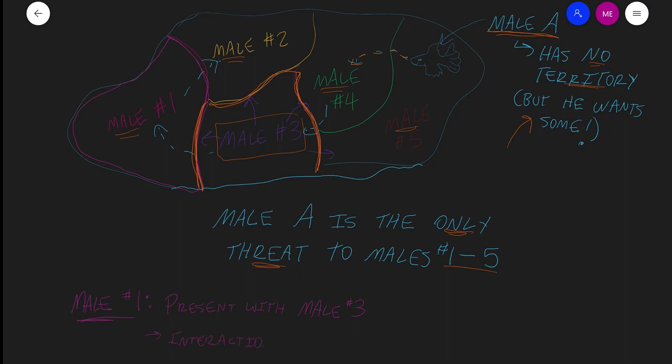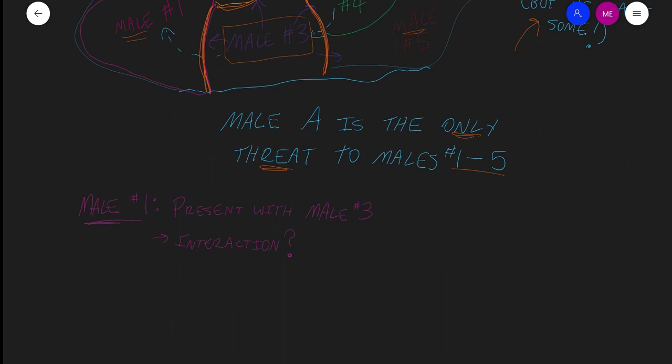Would you expect it to be highly aggressive, lots of flaring and charging and biting? Or would you expect them to maybe be slightly aggressive towards each other, but mostly ignore one another? Well, since male 1 and male 3 share a border, if the dear enemy effect is real, you would expect their interaction to be mild, or low-key, because they aren't threatened by one another.